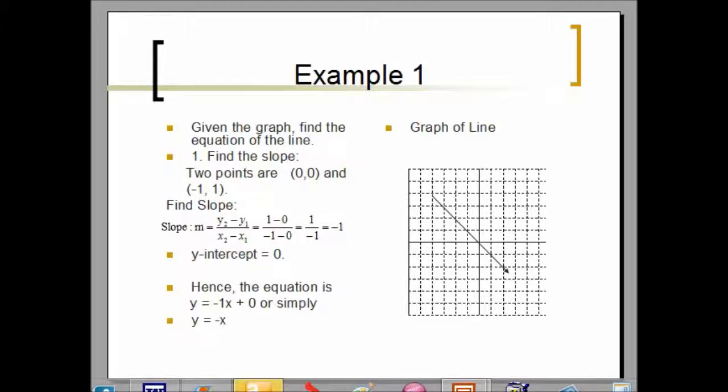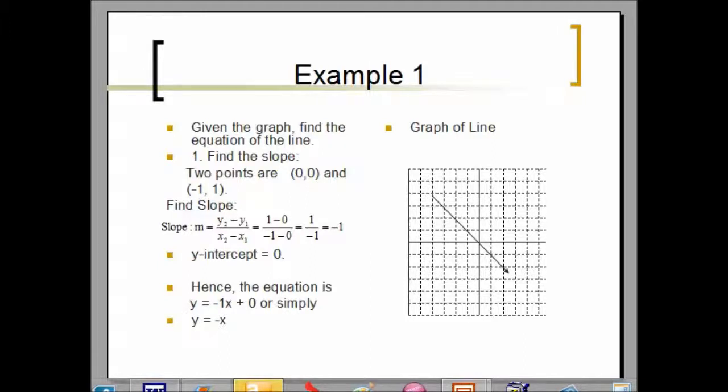In example 1, we are given the graph and find the equation of the line. Your first step is to find the slope. Two easy points to use are (0, 0) and (1, -1).